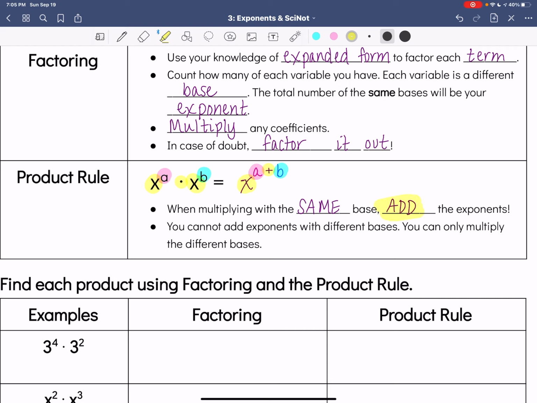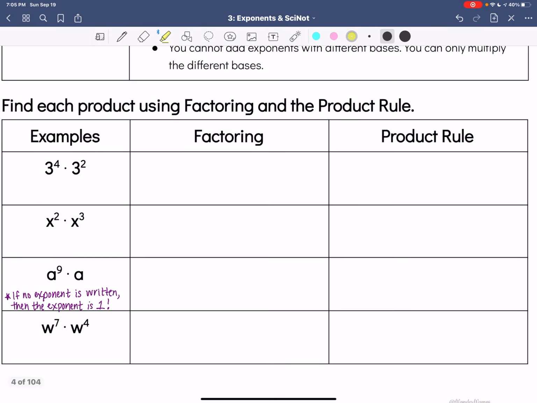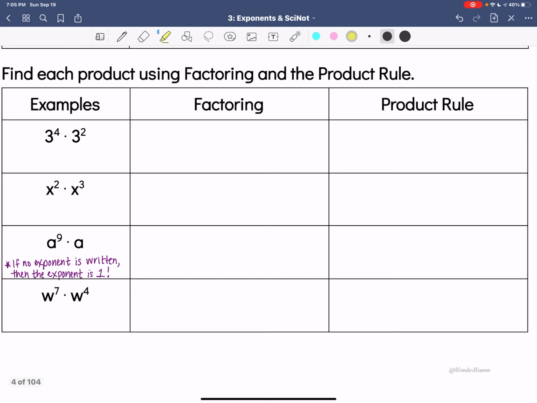This is the product rule, but it has to be the same base, and you have to be multiplying. So if you're multiplying the same base, add the exponents. If they have different bases, you can't add the exponents together. They have to be the same base. We're going to do some of these together, and I'm going to show you both ways, factoring and the product rule.